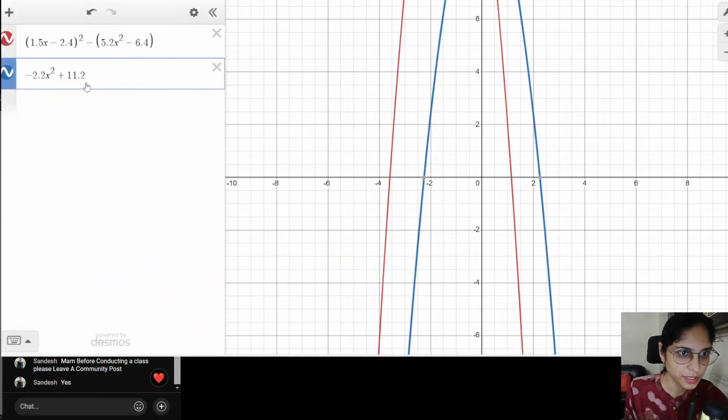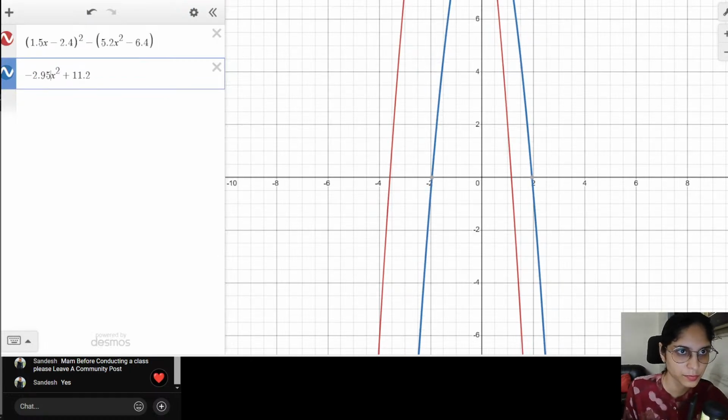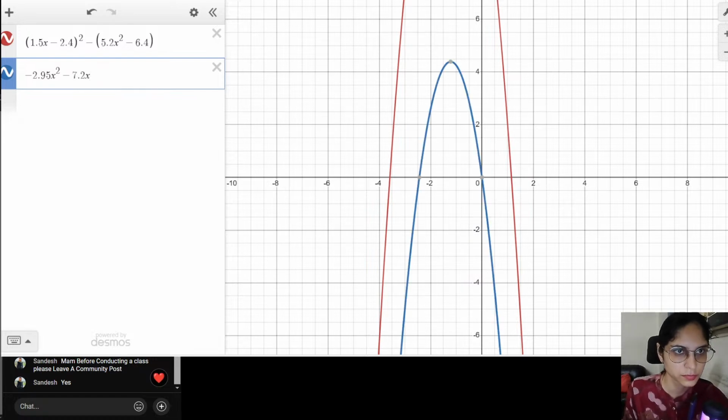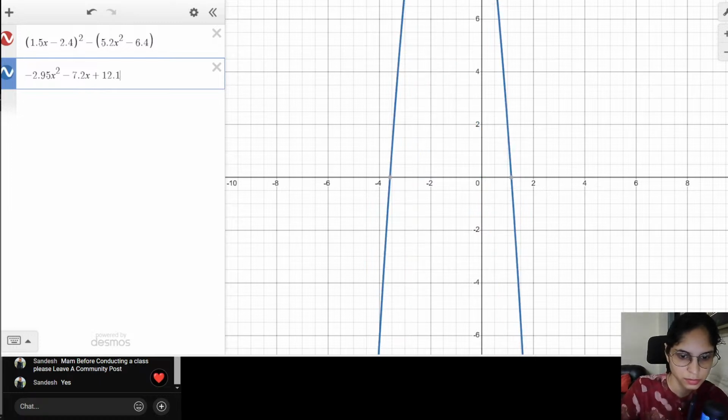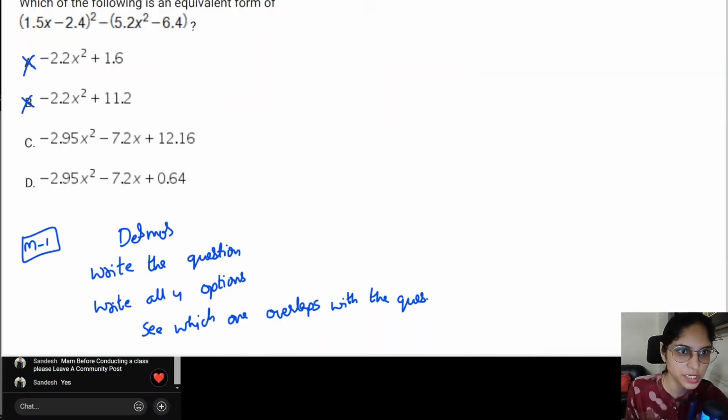Negative 2.95x squared minus 7.2x plus 12.16. See, it's completely overlapping. You don't see anything else.